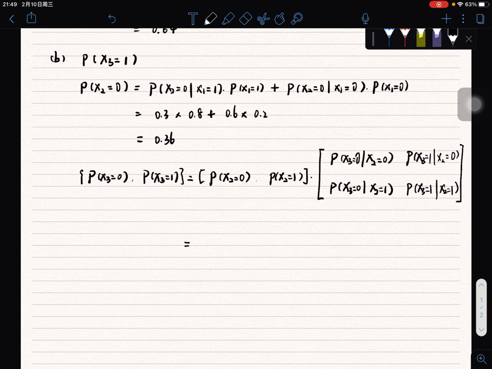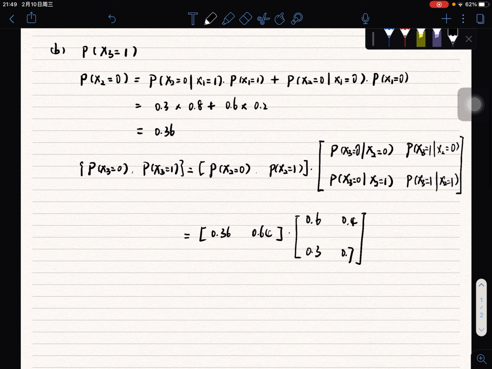And here we will get the numbers 0.36, 0.64, multiplied by 0.6, 0.4, 0.3, 0.7.